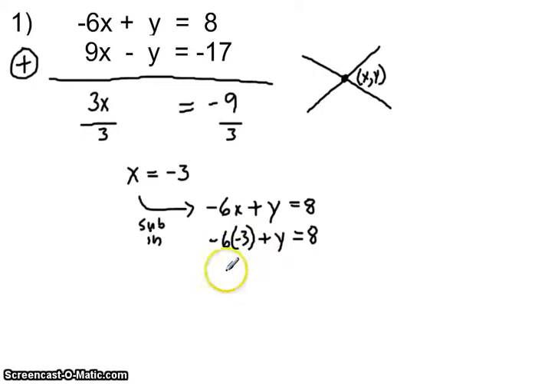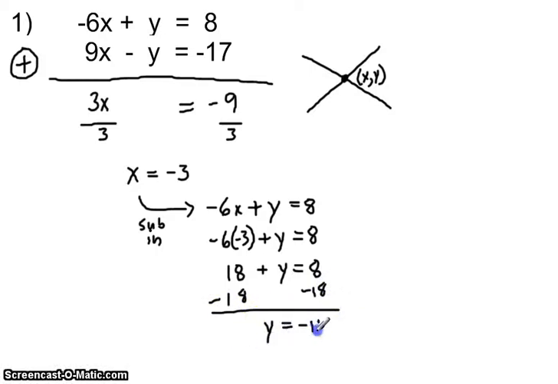Negative 6 times negative 3 is positive 18. Positive 18 plus y is equal to 8. And then finally, to solve for y, subtract 18 from both sides. And I get y is equal to negative 10. So I got an x is equal to negative 3, a y is equal to negative 10.